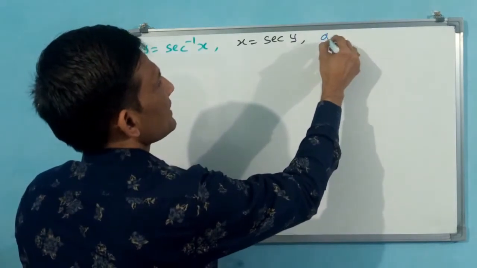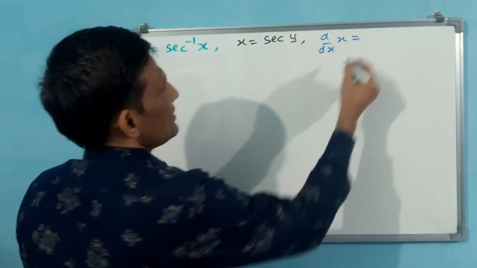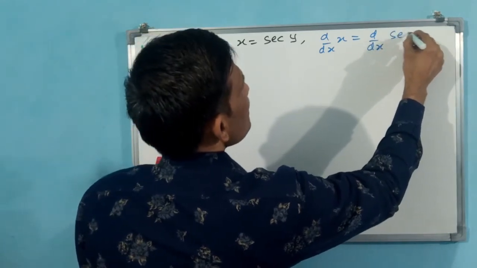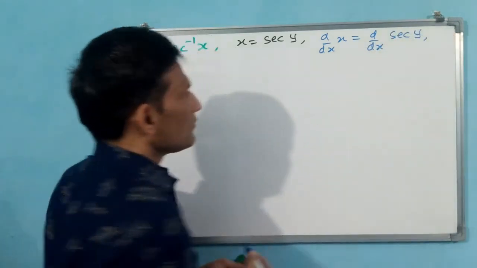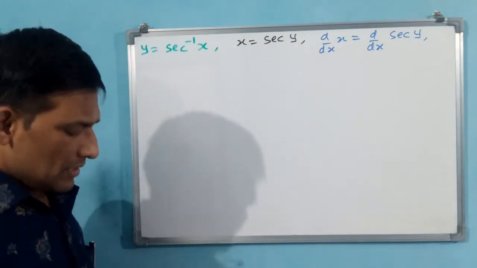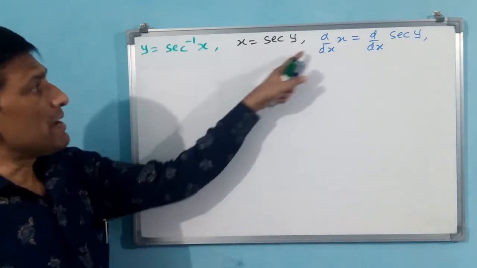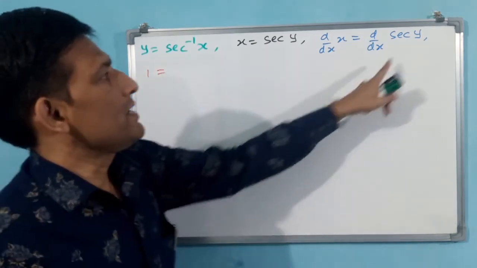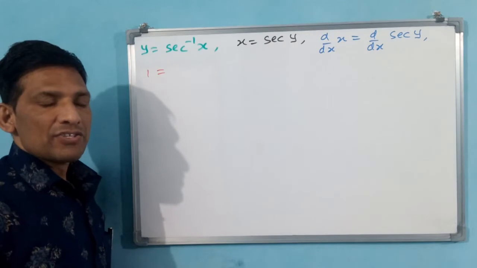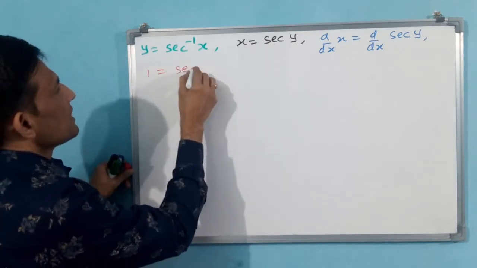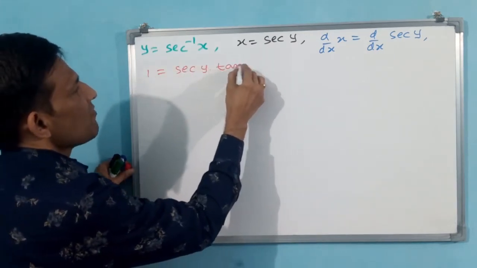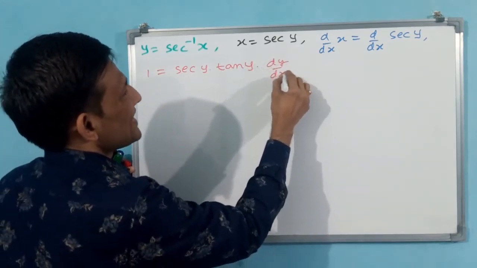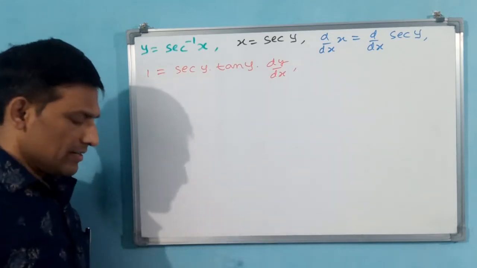dy by dx of x is equal to dy by dx of secant y. Now you proceed. d by dx of x is 1. d by dx of secant x was what? Secant x tan x. But here it is secant y tan y, and dy by dx. Is it okay?